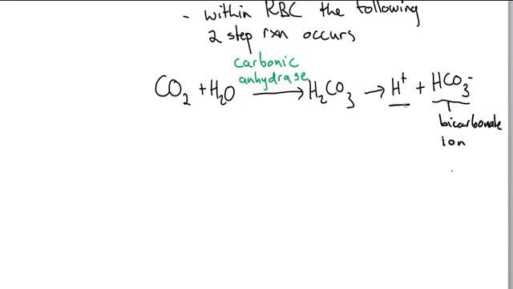But you're also going to produce a hydrogen ion, which could alter the pH of the cell or in the blood, so it needs to be dealt with to keep everything protected and safe. And just for here, this is called carbonic acid, and it's an intermediate step that is short-lived. It quickly changes in the forward reaction to the hydrogen ion and the bicarbonate ion, and if we're doing a backward reaction into CO2 plus H2O.